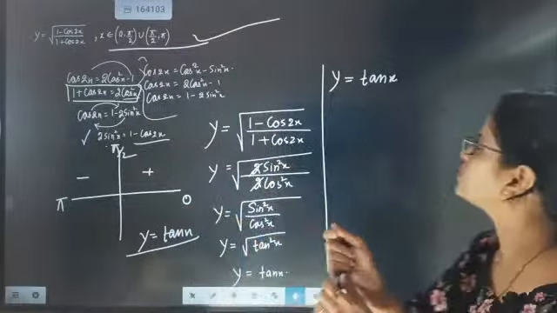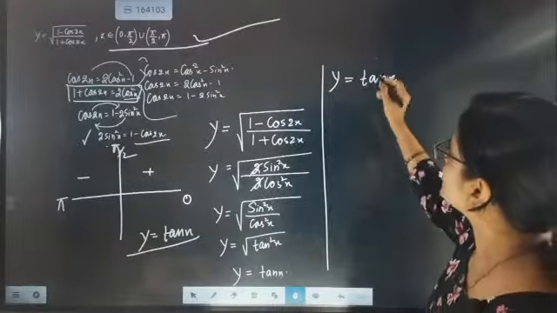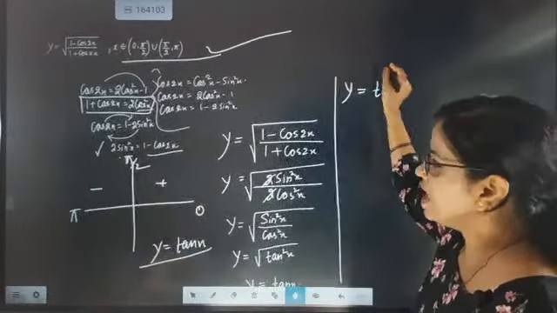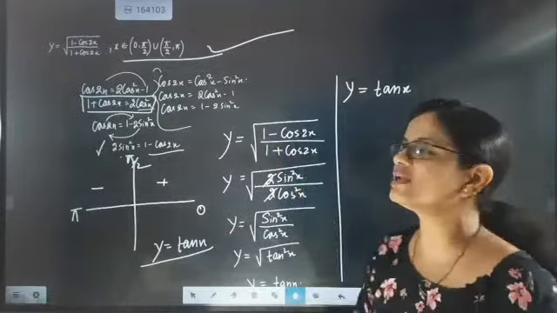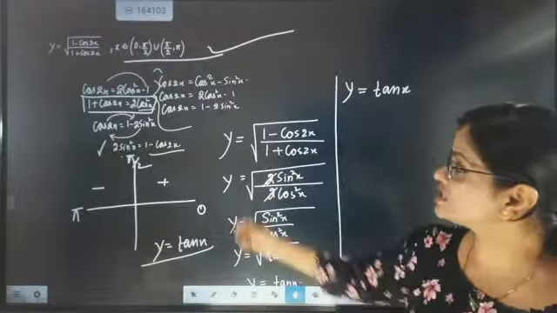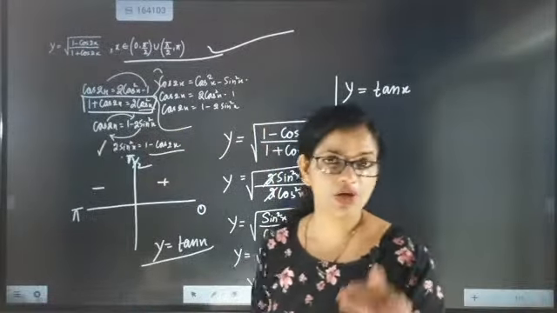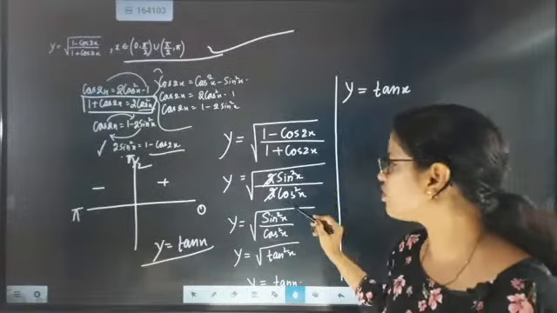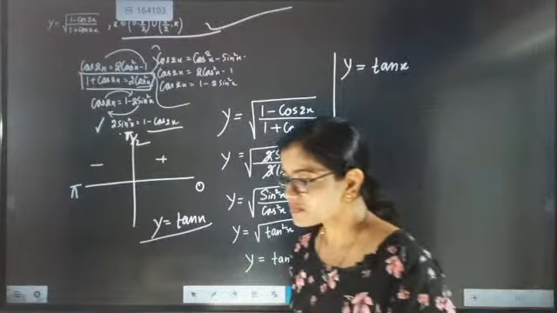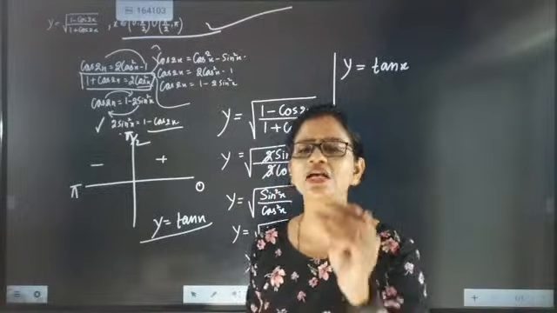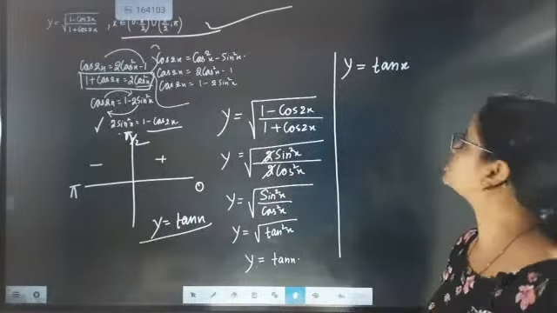After solving this part, your question was y equal to root under 1 minus cos x by 1 plus cos x. I told you which trigonometric formula you can apply. You applied the formula, and finally we are getting y equal to tan x. After getting y equal to tan x, our work is to catch the most important point.